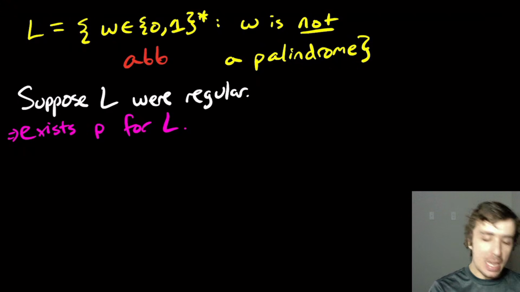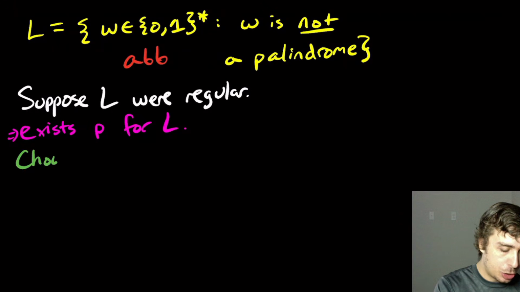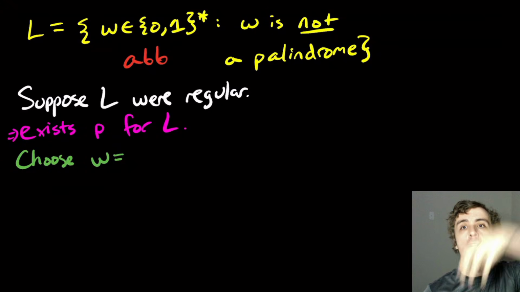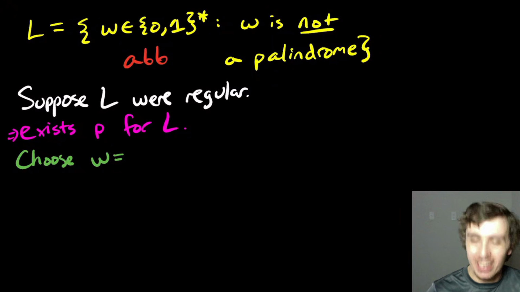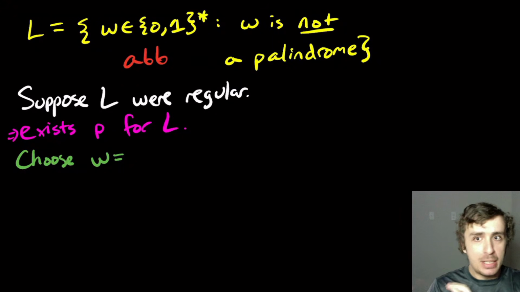Now we've got to pick a string that is in the language and of length at least P. So let's choose W equal to, well, we've got to pick something that's not a palindrome, and we want to arrive at something that is a palindrome, which is kind of hard because the things that you're going to be pumping can have a lot of different lengths.